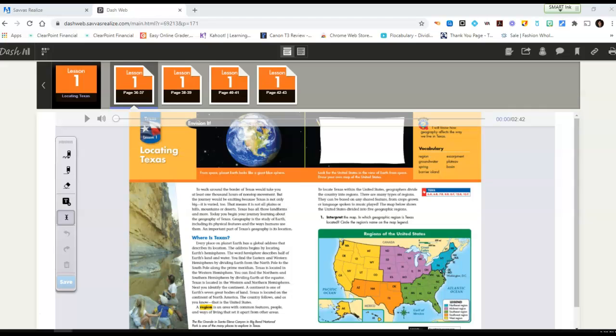To locate Texas within the United States, geographers divided the country into regions. There are many types of regions. They can be based on any shared features, from crops grown or language spoken to music played. The map below shows the United States divided into 5 geographic regions.